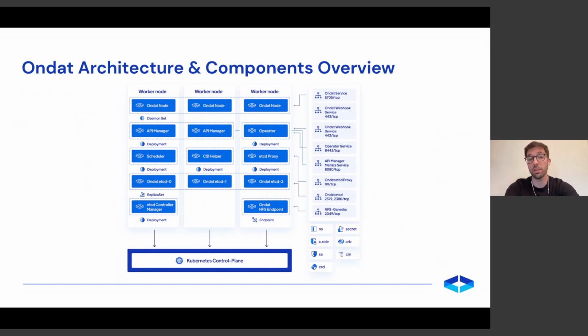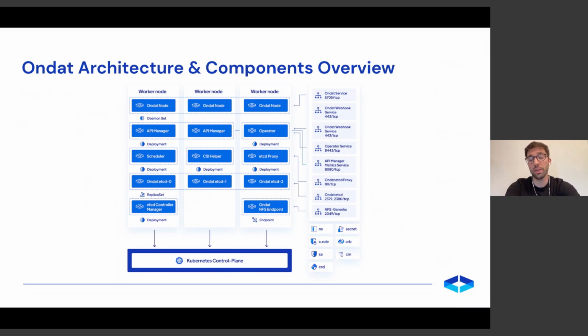The main one being the Ondat node that you can see at the top row of this diagram. That is the key of the product, in my opinion, because it transforms your worker nodes, the worker nodes that you run Kubernetes on, into an array of storage with all the cloud native principles behind.